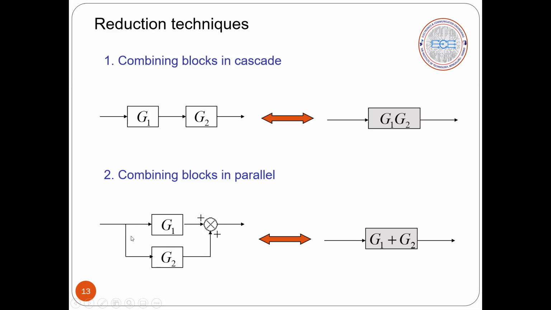Parallel lines originating from the same point and meeting at the same point, we call them parallel lines. Those parallel lines we can simplify. How? You can directly add these two and you can have one single block. You can eliminate the summer and you can have one single block whose value will be the sum of these two blocks.